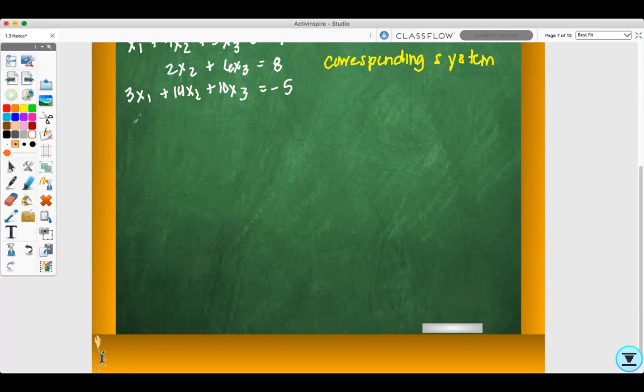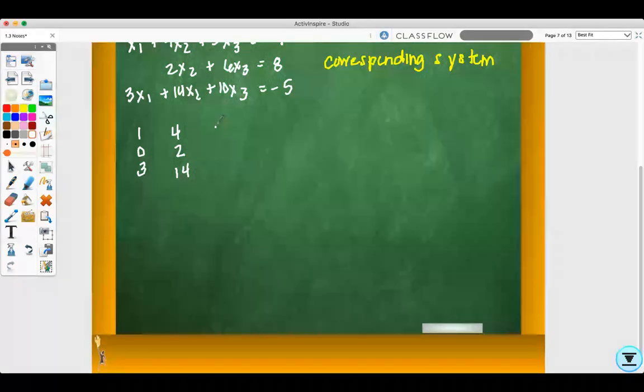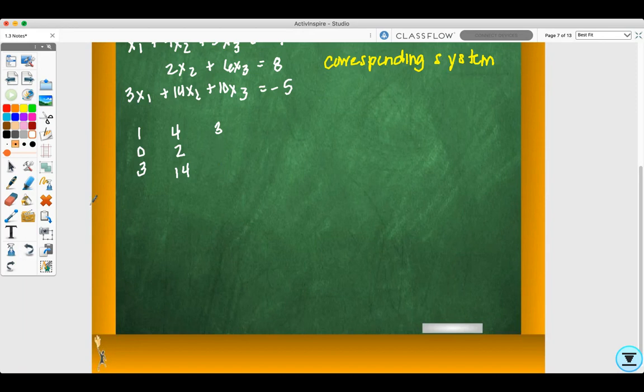My augmented matrix would be 1, 0, 3, 4, 2, 14, 3, 6, 10, and -1, 8, -5. What I first can do is take half of row 2 and -3 times row 1 and add it to row 3.